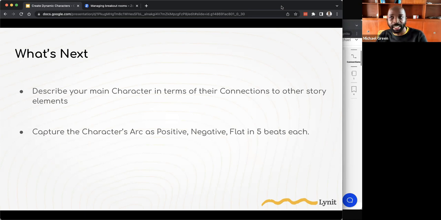But then by the end, they say, you know what, never mind, and reject it. And then it's a positive arc. Even if most of the book they spent negative, deep into the lie, getting deeper and worse into it, if at the end they reject it, then it's positive, right? So to just capture the technical components of positive, negative, flat, you can really just change one thing pretty much.